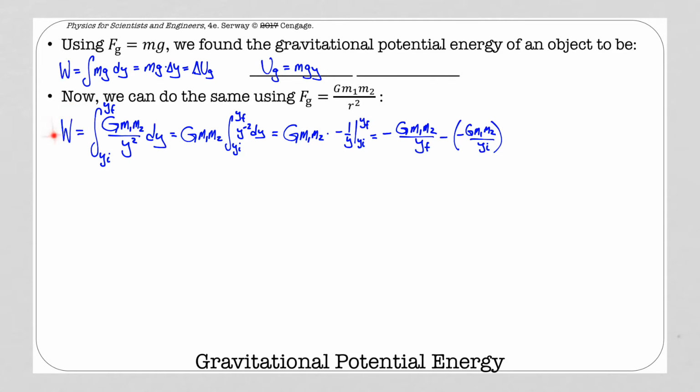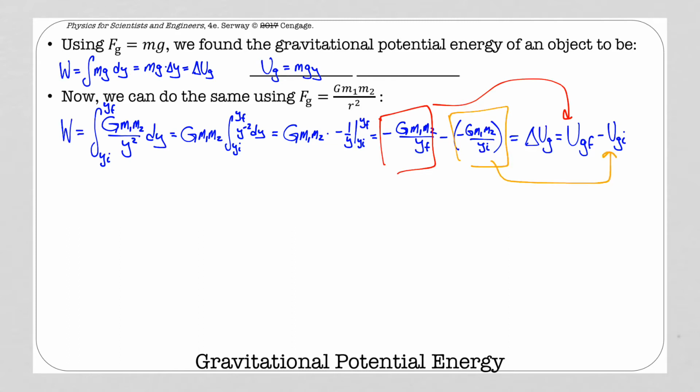Like before, the work that we're doing against this force is going to show up as a change in gravitational potential energy, which more specifically is going to be the final gravitational potential energy minus the initial gravitational potential energy. And so we can define this term here thusly, and this term here thusly.